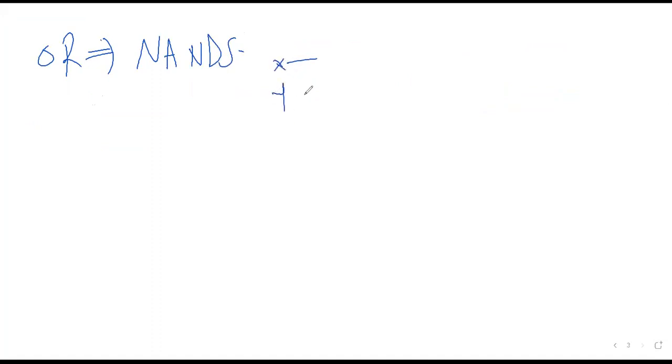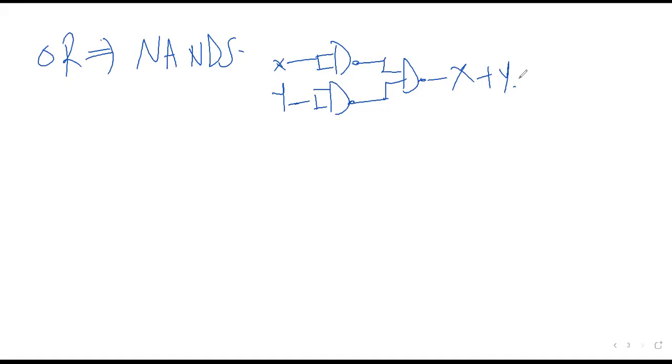Let's use X, Y. It's like this. We have X plus Y. You can prove this using the truth table as well as using the expressions.